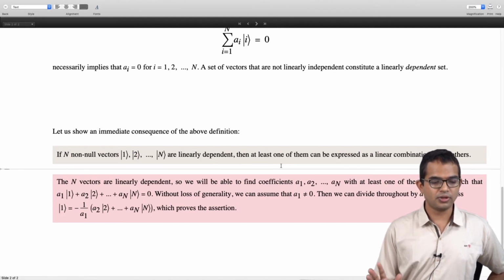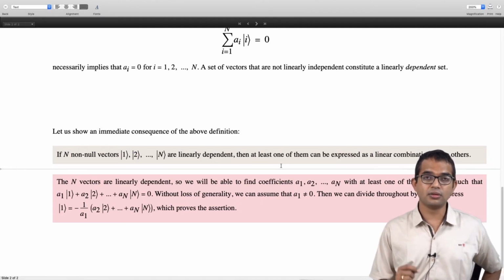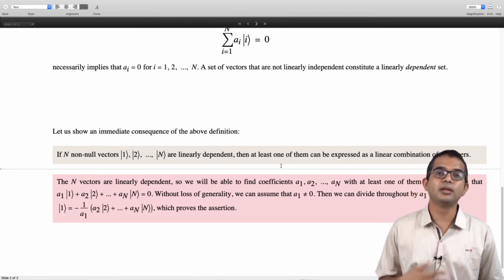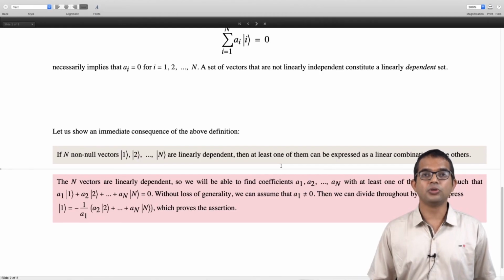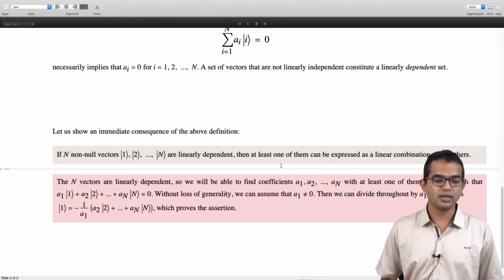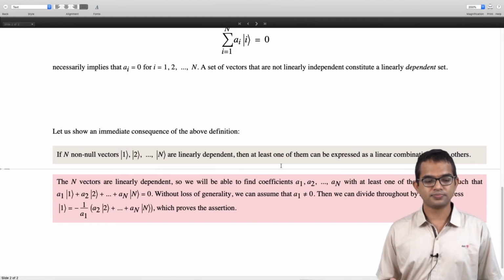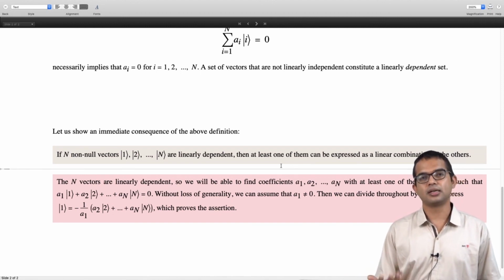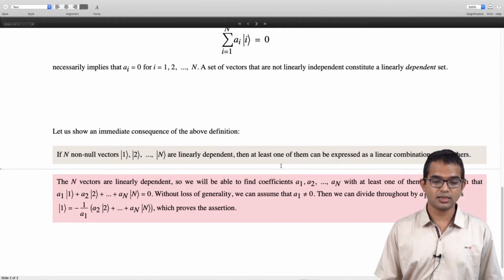But the point is that there is a division done with respect to a1, and a1 is taken to be non-zero, right? And we are guaranteed that there is such an a1, right? And that's why there is at least one vector which can be represented as a linear combination of all the other vectors in that set, right? You can have more than one, of course, right?